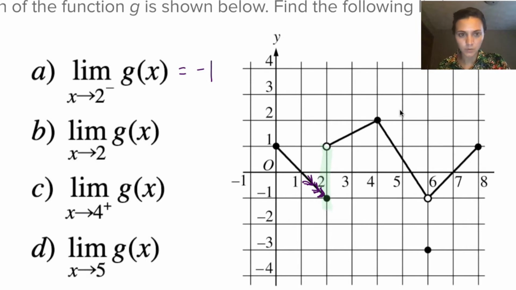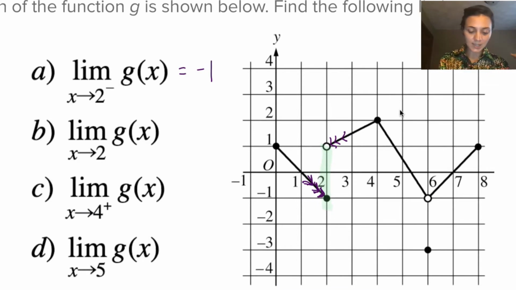B, I don't want you to be tricked by it. So B is the limit as x approaches 2. So whenever we don't have the minus or plus sign that indicate from the left or the right, that means we have to look from both sides. So we already looked at the limit from the left. Now if I look from the right, I see that the limit from the right is +1.